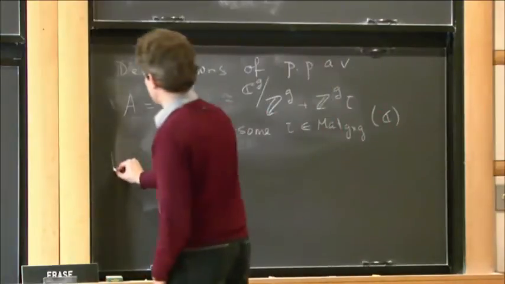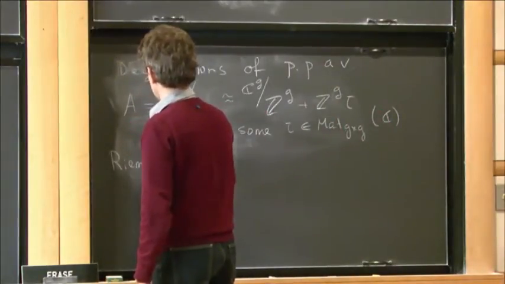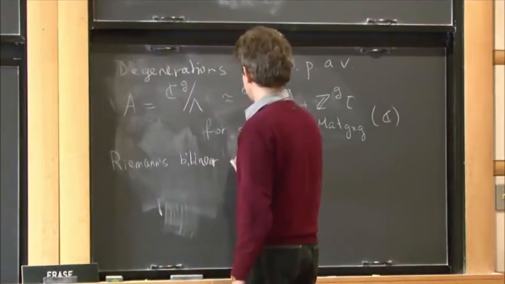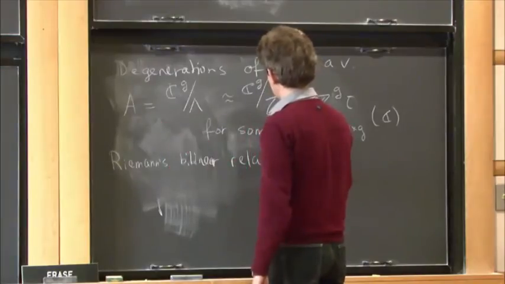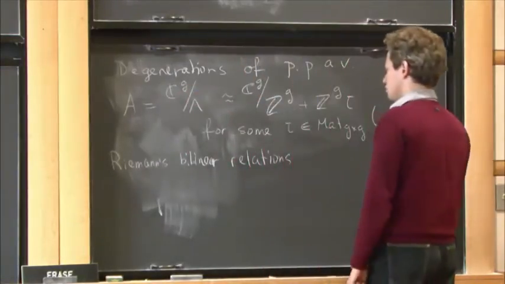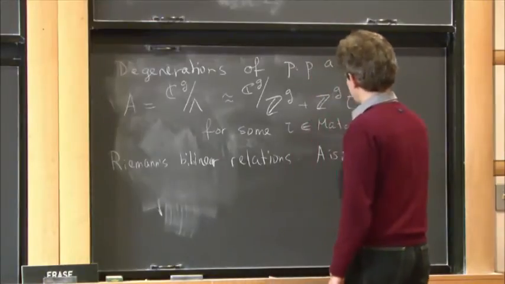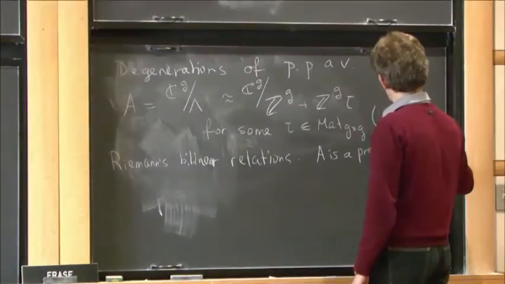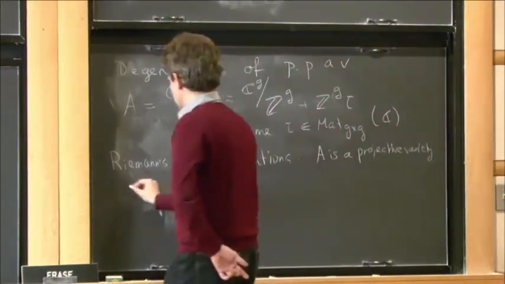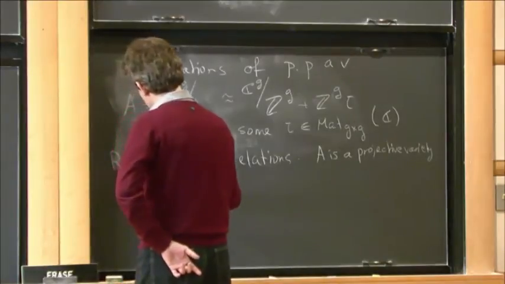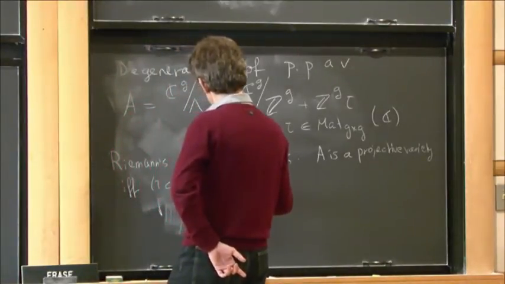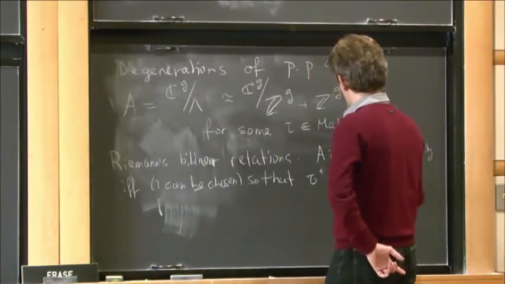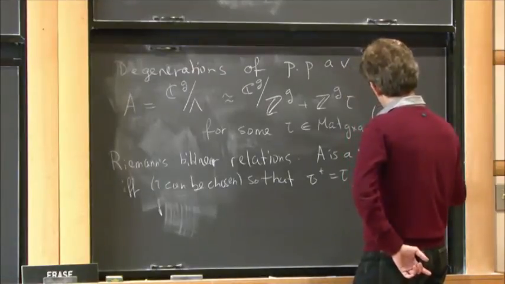And Riemann's bilinear relations tell you the following. They tell you under what conditions this complex torus is an abelian variety. They say A is a projective variety, well, I'm tempted to write if and only if, but if and only if tau can be chosen so that it is symmetric and the imaginary part of tau is positive definite.